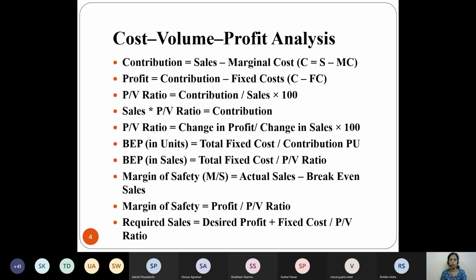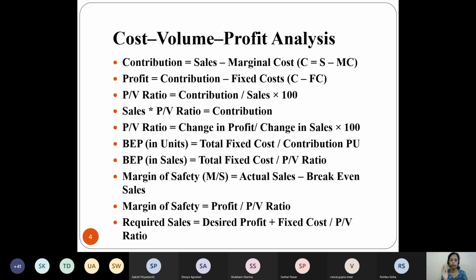Now, the first important term of marginal costing, as I have said, is contribution. Contribution plays a very important role in marginal costing. All the questions of marginal costing start with finding out contribution. So first we will see the formula of contribution.